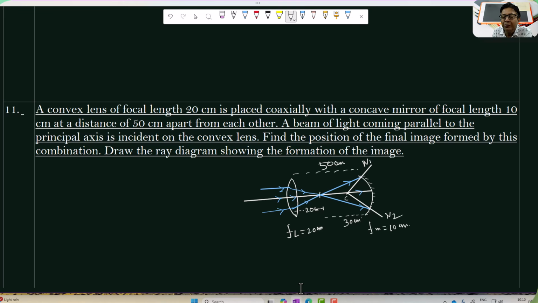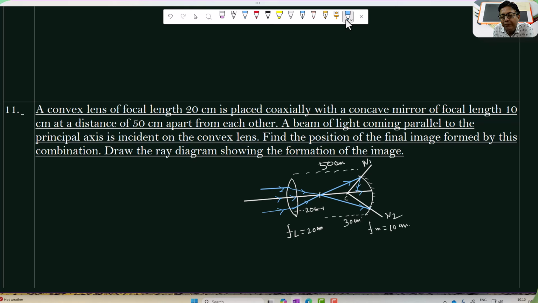If it goes this way, it has to follow the law of reflection. The center of curvature is at a distance of 20 centimeter. This part is 30. So the center of curvature is away from the point where it will converge. This ray will meet at a point like this.